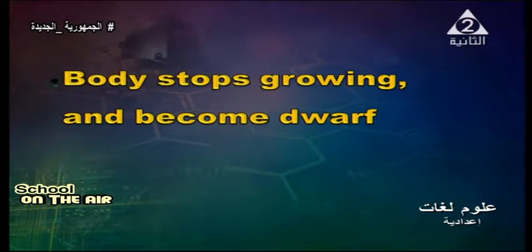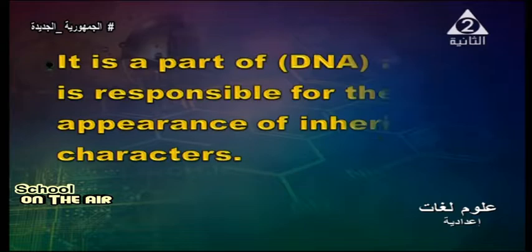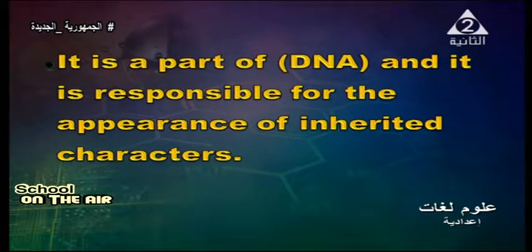Write the scientific term: the body stops growing and becomes dwarf. It is dwarfism. It is a part of DNA and is responsible for the appearance of an inherited character. It is a gene.